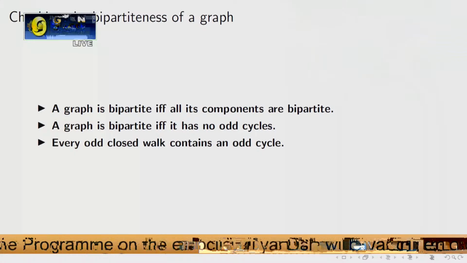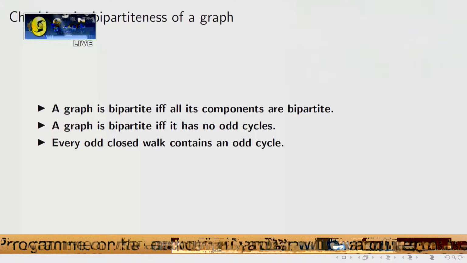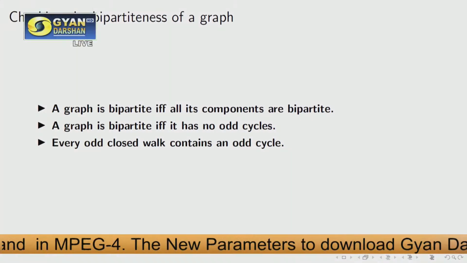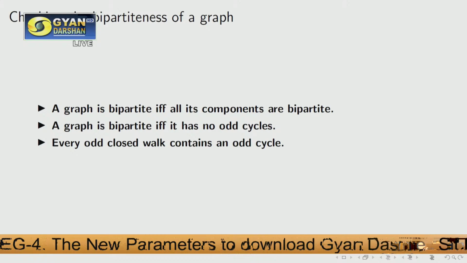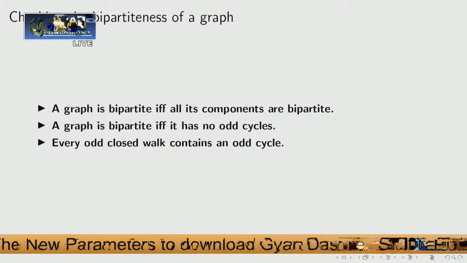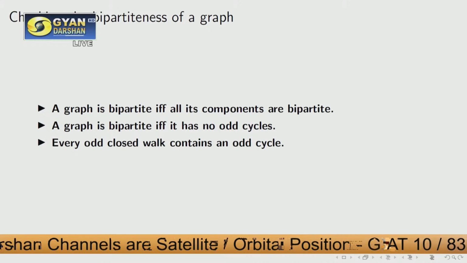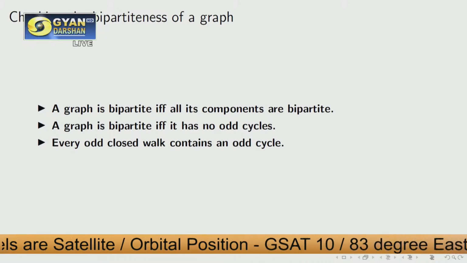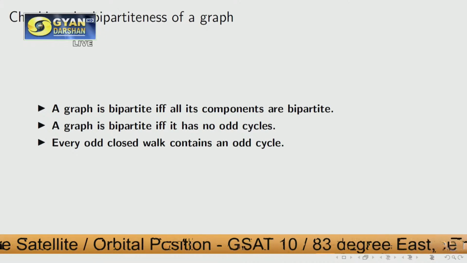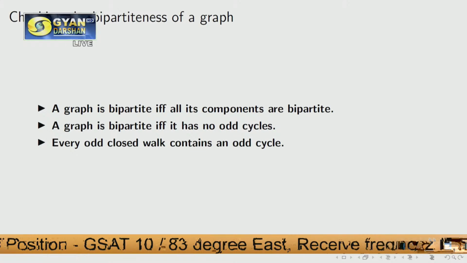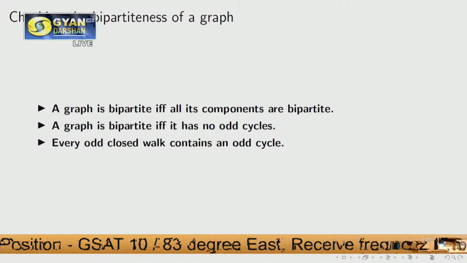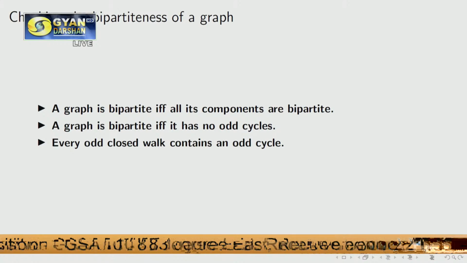Look at the second statement: a graph is bipartite if and only if it has no odd cycles. It says that if the graph is bipartite, then either it has no cycles, or if it has any cycle, then that cycle must be of even length. It must be an even cycle, right?